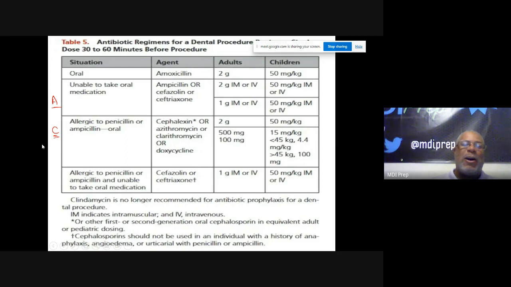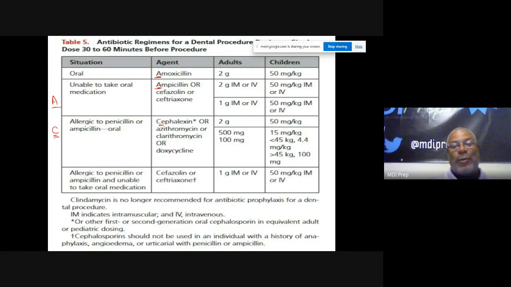If you are prophylaxing, you start off with amoxicillin, that's the letter A, if they can take it by mouth. If they can't take it by mouth, then you go with ampicillin, and we're still talking about the letter A. Now, if they're allergic to penicillin, then we go from A to C.